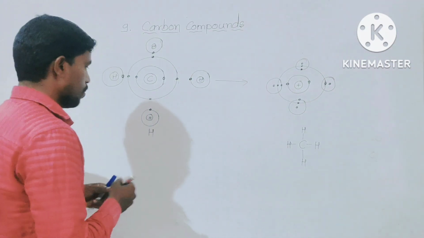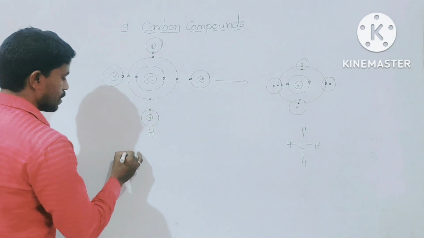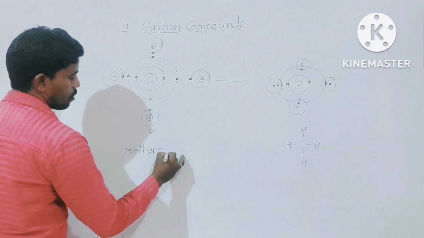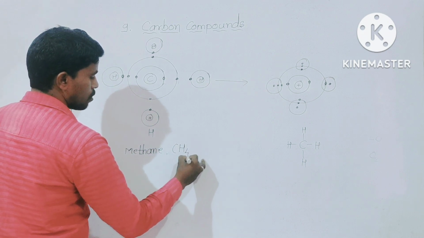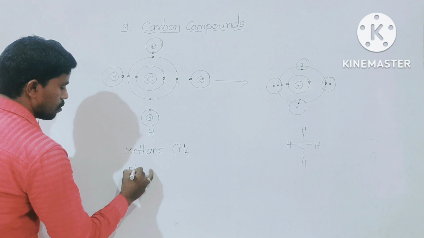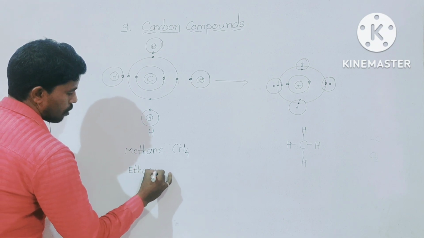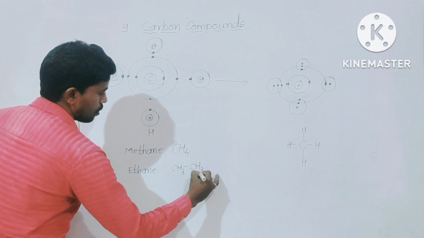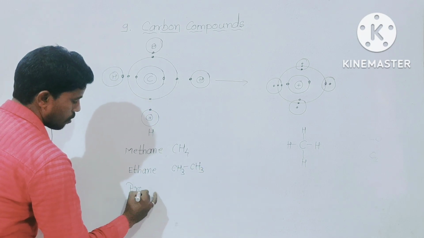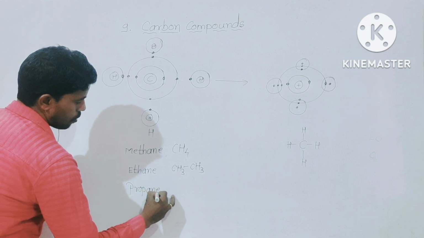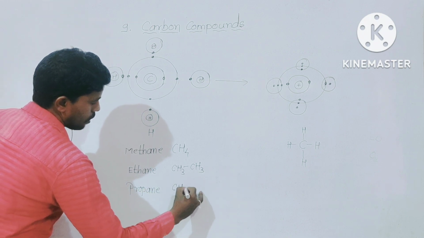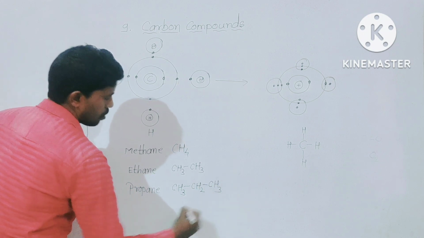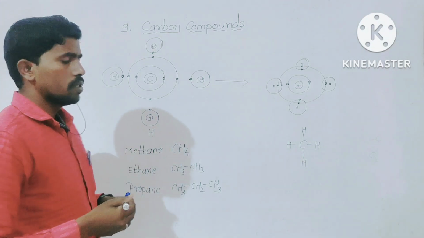For example, methane, that is the CH4, ethane, CH3, single bond CH3, propane, CH3, single bond CH2, single bond CH3, and so on.